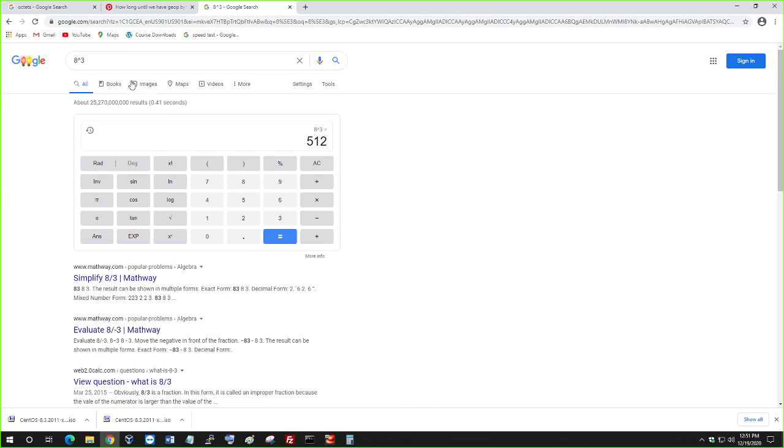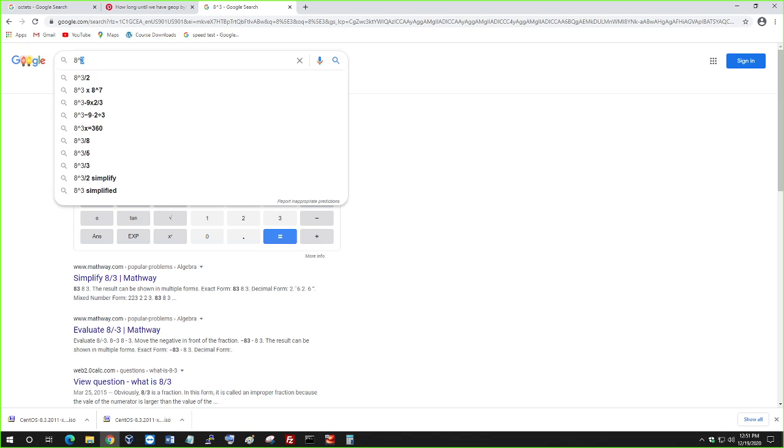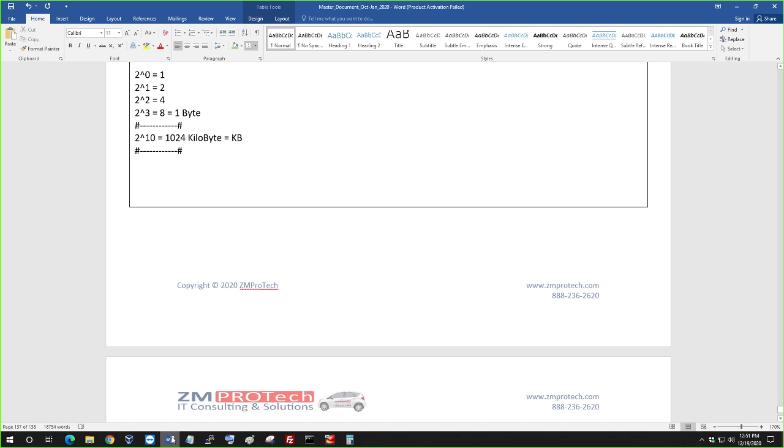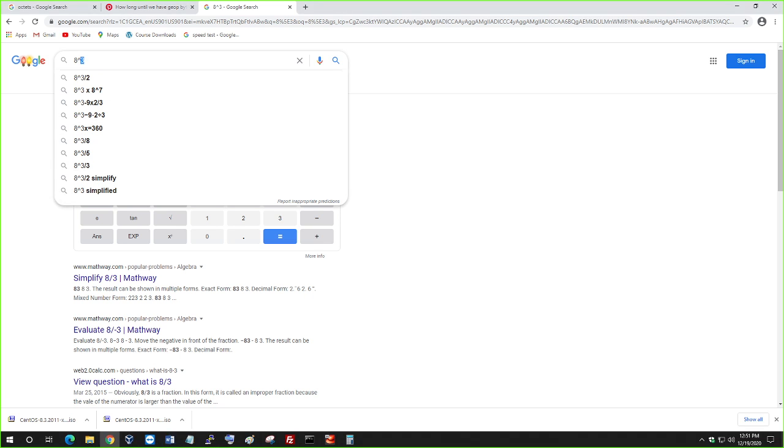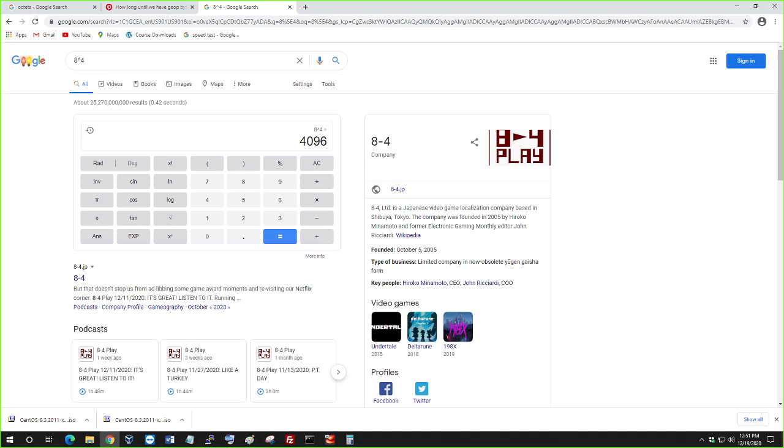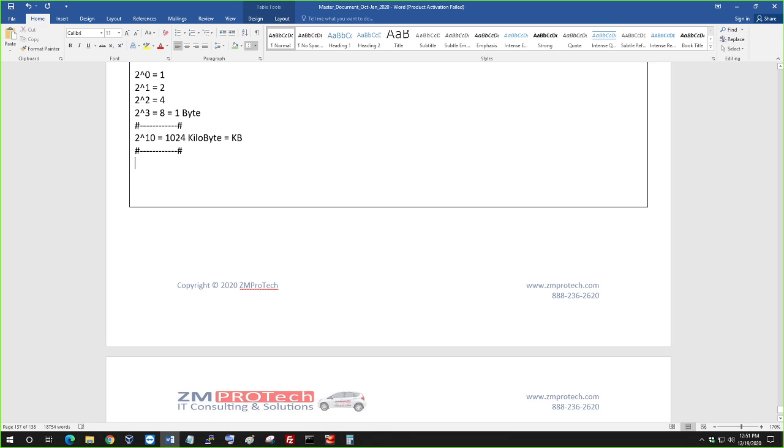No, 1024. 8 to the power of, it's going to give you 4 kilobytes.